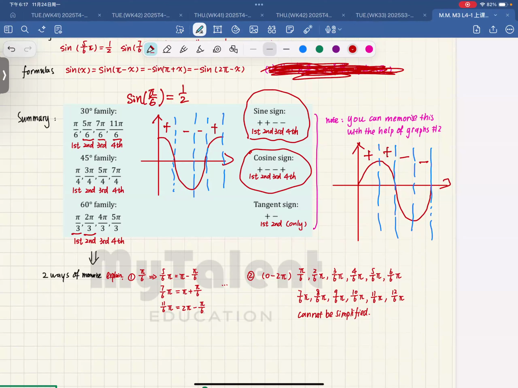They have different x values but the same y value. Is it in the same family? Yeah, same family, and the magnitude is the same. But this is positive and this is negative, though the magnitude is the same. That's how we get that table. Does that make sense? Yeah.